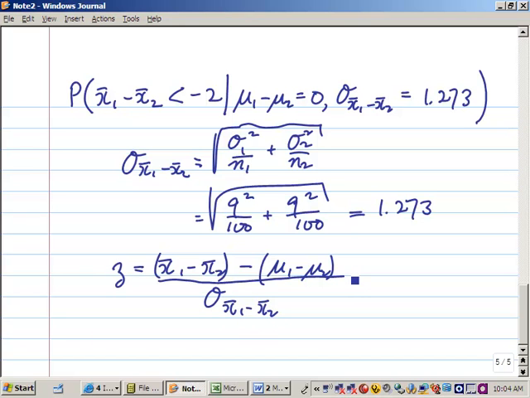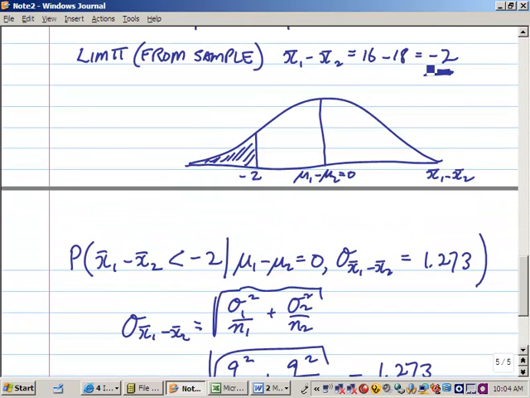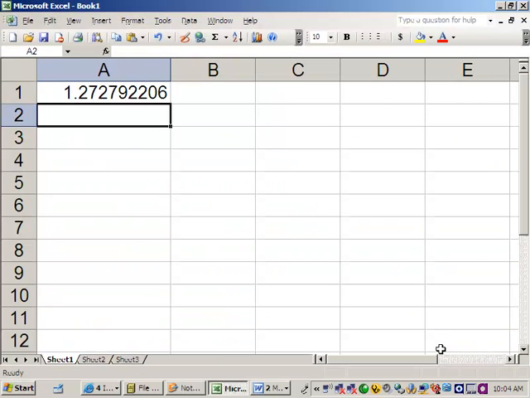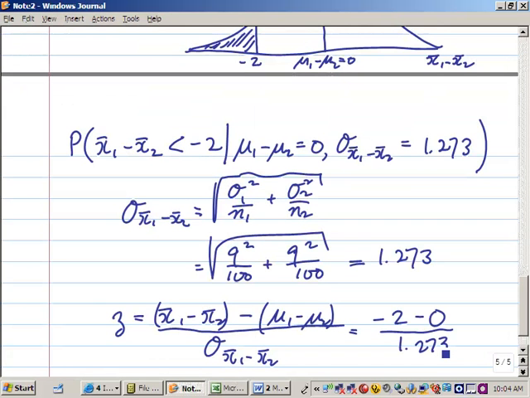The limit is the -2 from our diagram, minus the mean 0, divided by the standard deviation of 1.273. Let's go to Excel quickly to figure that out. That's -2 divided by the standard deviation, to 2 decimal places on the z, that's -1.57.